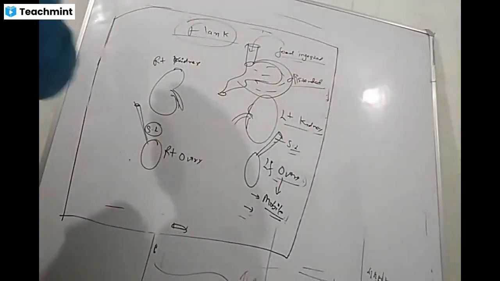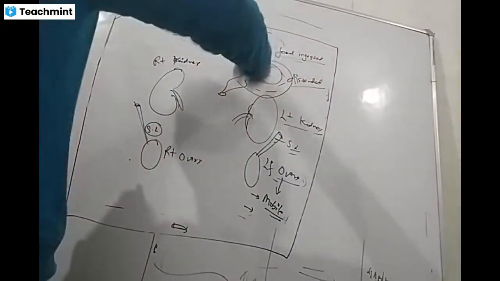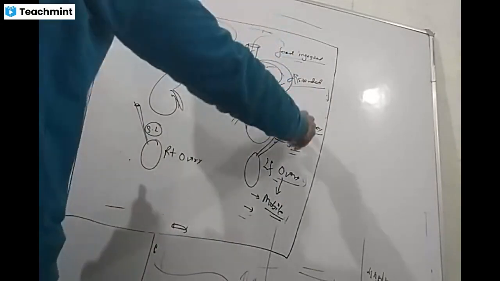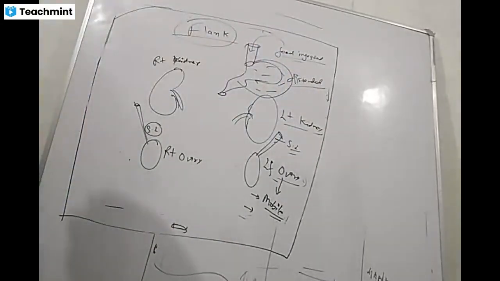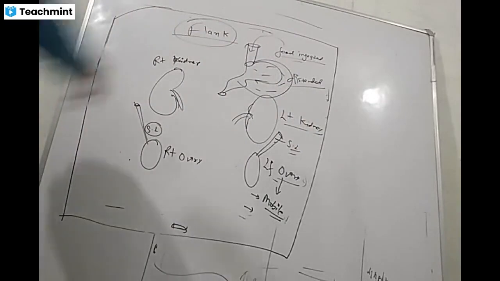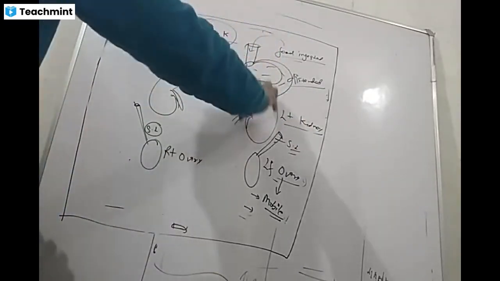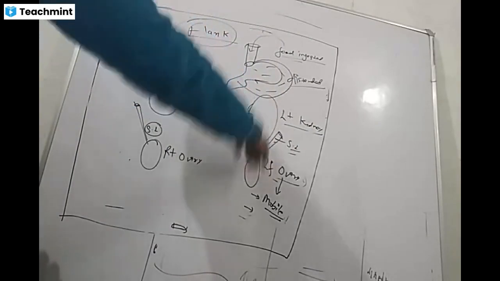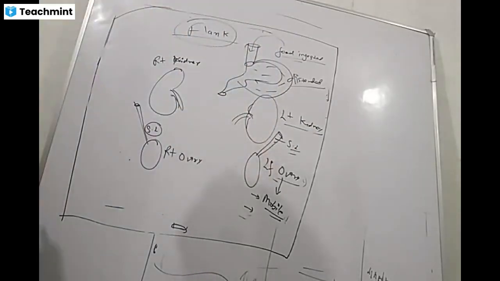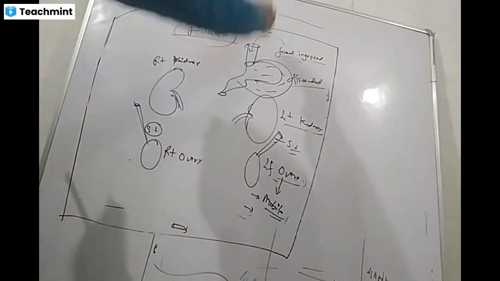This distended stomach will push the left kidney caudally, and this left kidney will push the left ovary caudally.